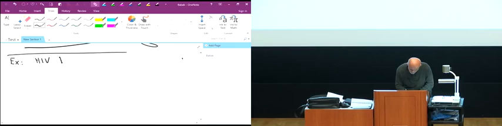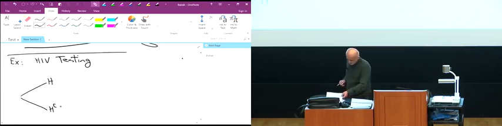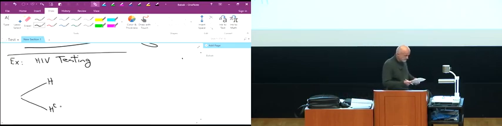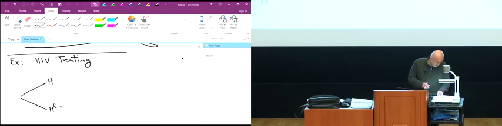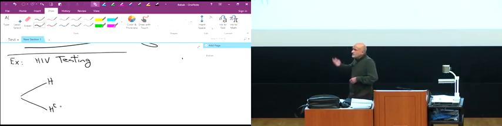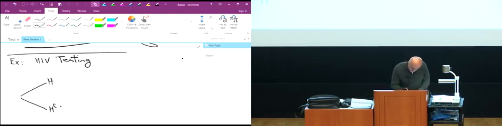Let's talk about HIV testing. I have a population of people. Let me make sure I get my numbers here so I don't confuse myself. If I take a person at random from my population, the likelihood that that person is HIV positive is 5%.